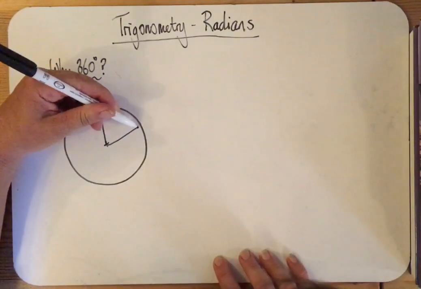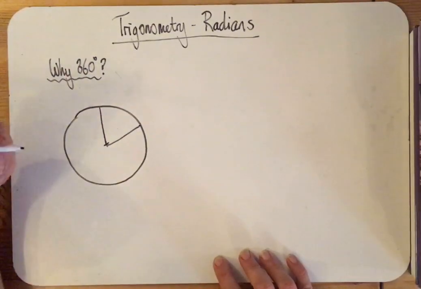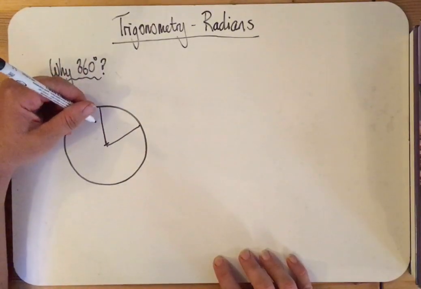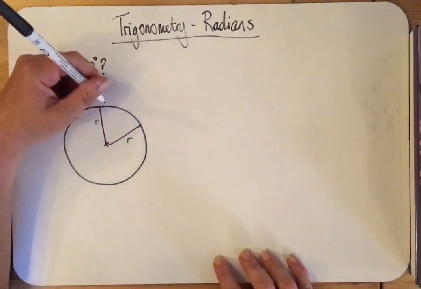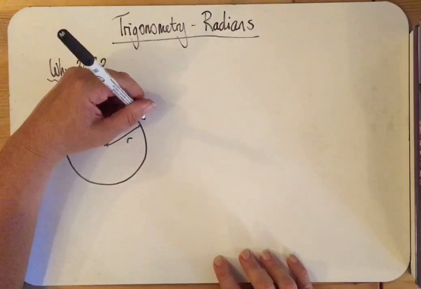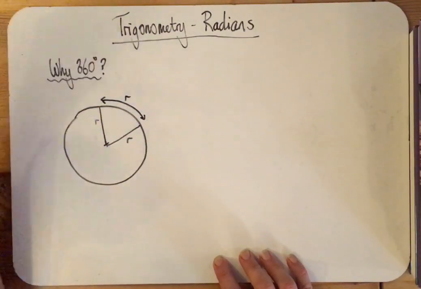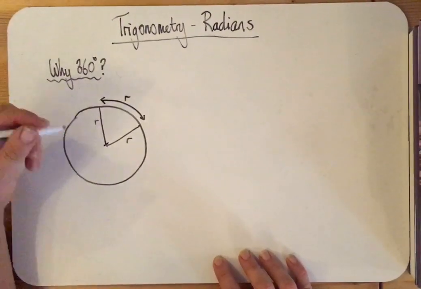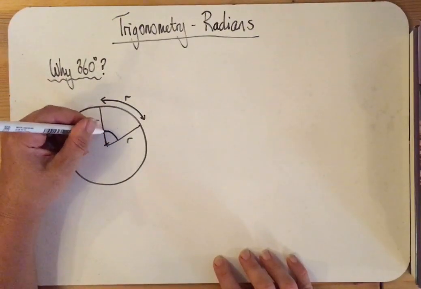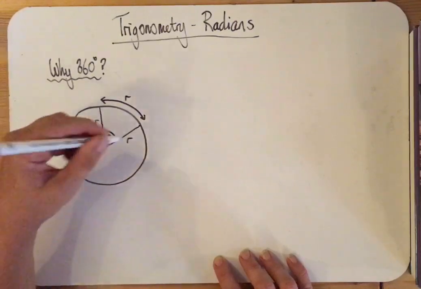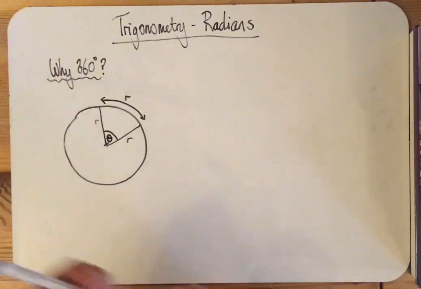Right, if you've got a sector and the radius is r, and this arc length here is also r, then this angle here is 1 radian.